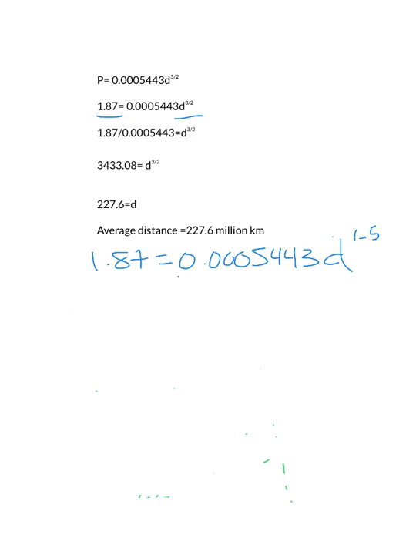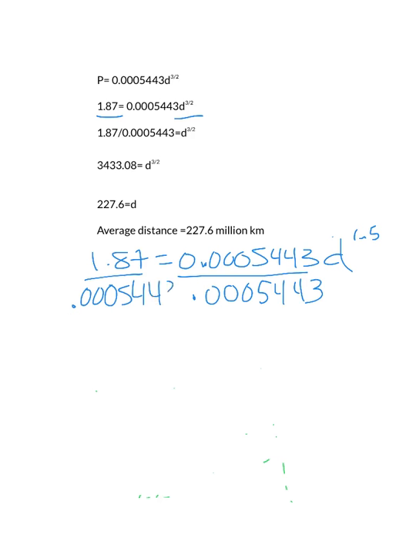And again, you divide both sides by 0.000543. And you still get 3,433.08 is equal to d to the power of 1.5.